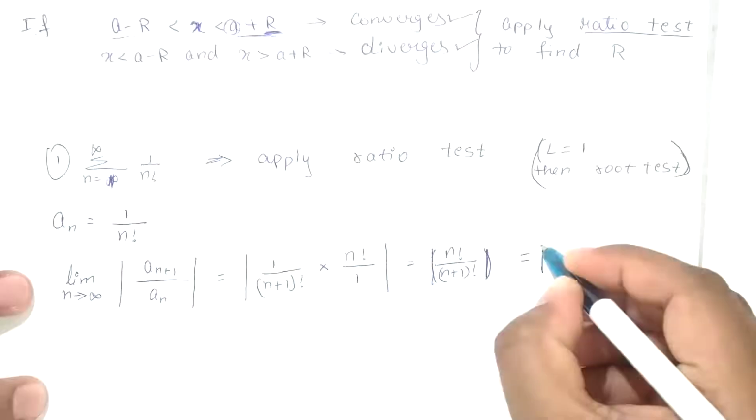I will give you a hint. Now, n factorial, I will write that as it is.